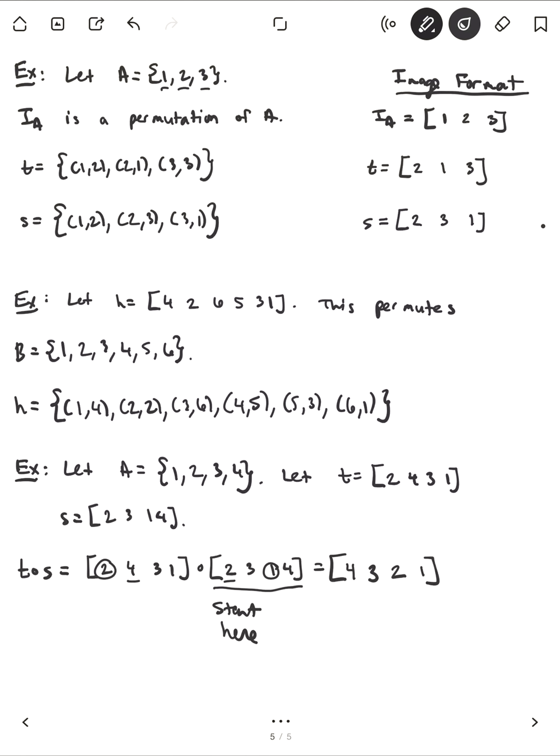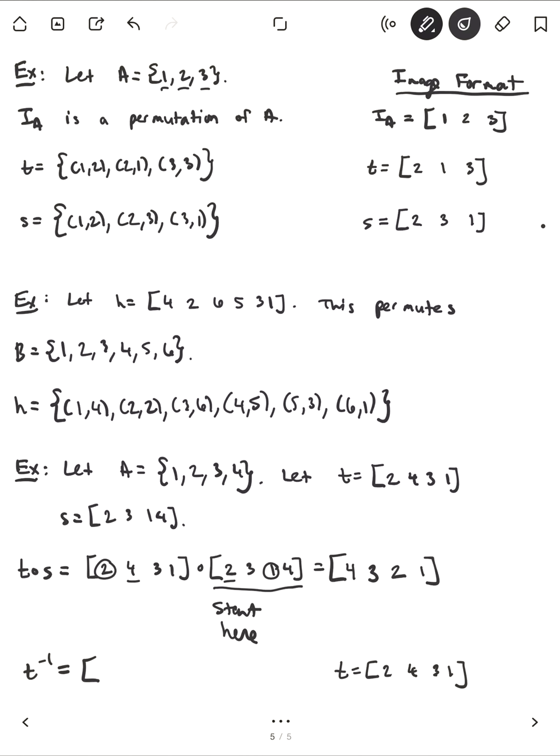You can also quickly find inverses. So what if we want to find the inverse under bracket notation? Well, you just look at what T does to each element. T is 2, 4, 3, 1. So what does T do to 1?